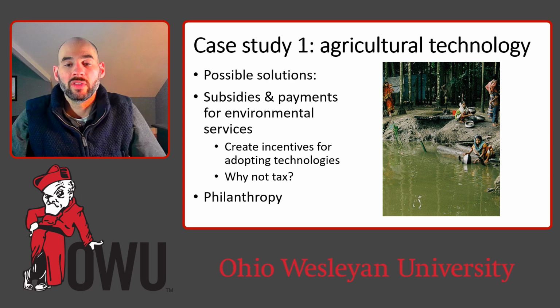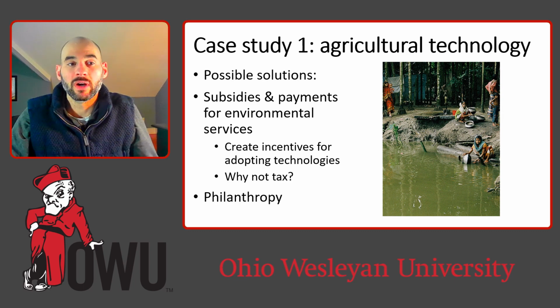So there's also the option that we can rely on philanthropy or altruism to help these people as well, but that's harder to think about from a supply and demand type framework.